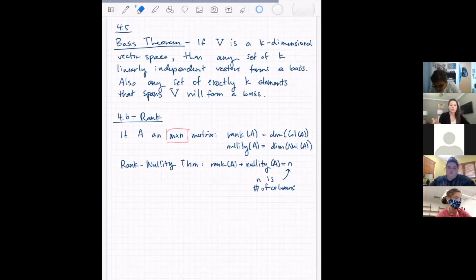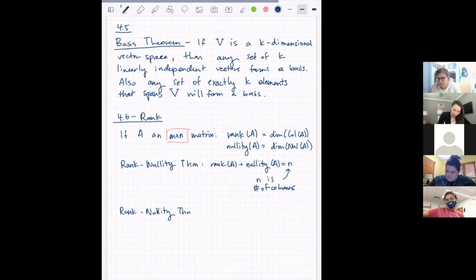Now, we did talk about the range and kernel of a linear transformation, so we can restate the same theorem in terms of the linear transformation that has the matrix A. This is the rank nullity theorem for linear transformations.